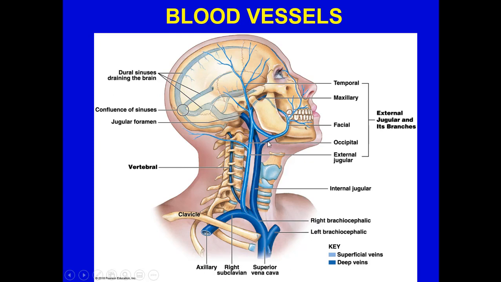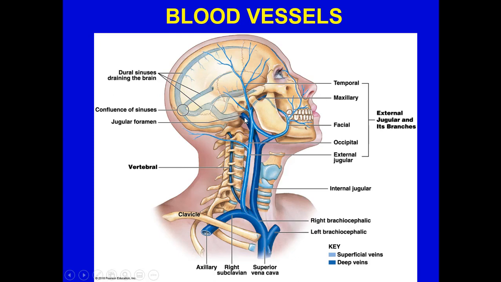Also draining into the internal jugular are the facial and the maxillary, and you can see this also. Now, the temporal, it's a toss-up because it can also drain into here, but the temporal drains into the external jugular, all right?